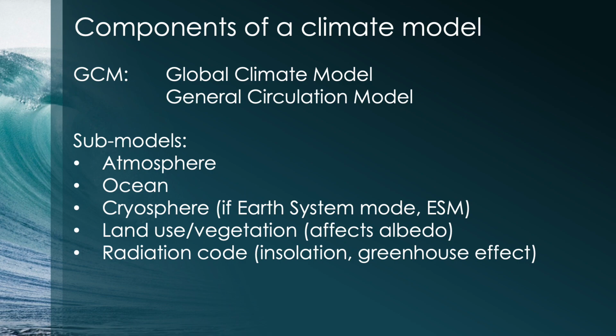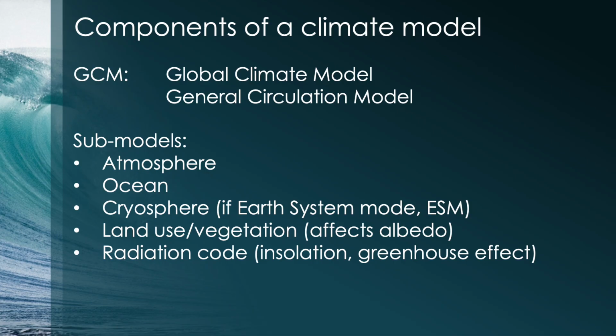Those models are called GCMs, and GCM can either stand for Global Climate Model or General Circulation Model, depending on whether it has an ocean and an atmosphere or whatever. Just know that they are essentially the same thing. And these models contain sub-models. The models are so complicated that no one person understands all the details, but they're broken up into different pieces. So there's an atmospheric piece, an ocean piece. Often there's an ice piece called the cryosphere. And there are models for vegetation.